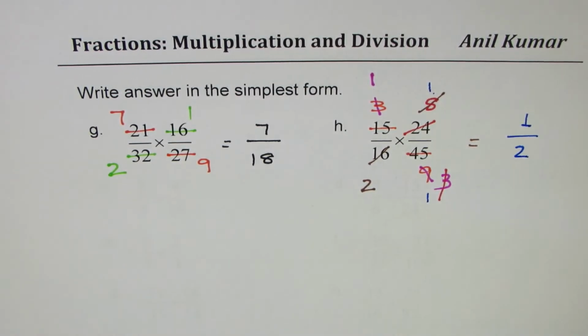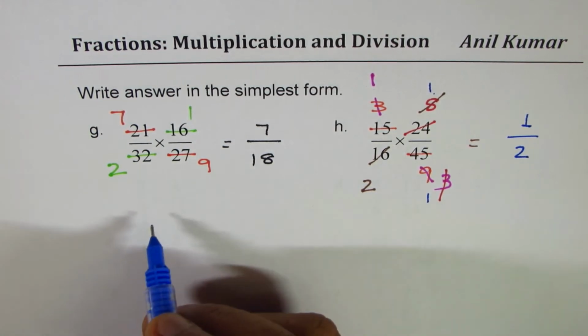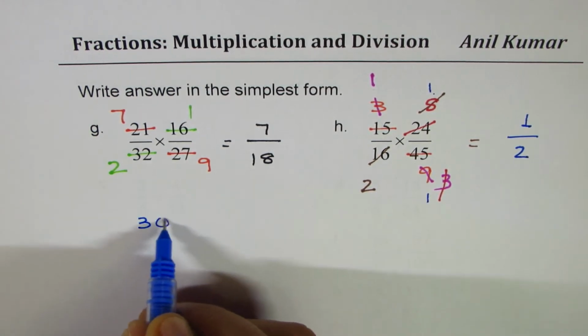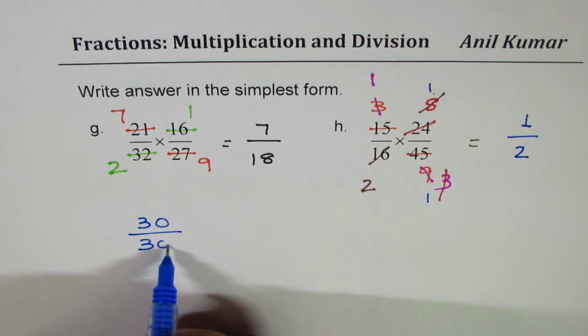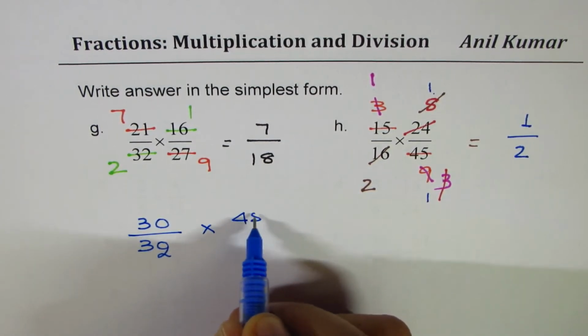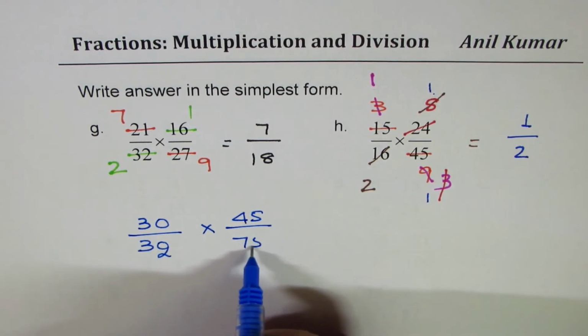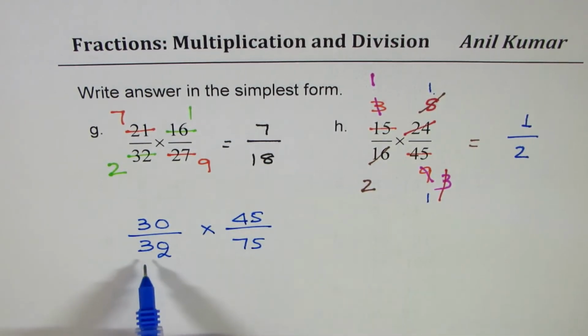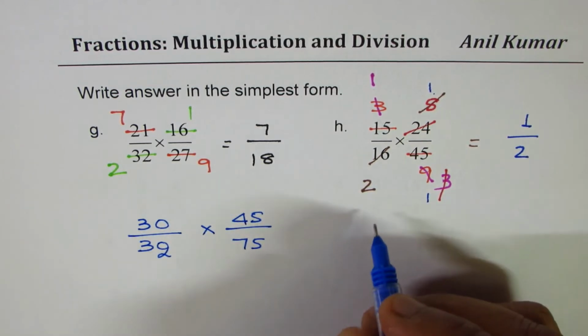So with that, we come to the end of this exercise. Now, to give you some practice questions, let me write down here 30 over 32 times 45 over 75. Correct? So you could simplify these portions and then multiply, right? So let me give you one more.